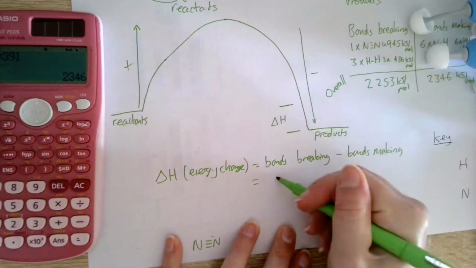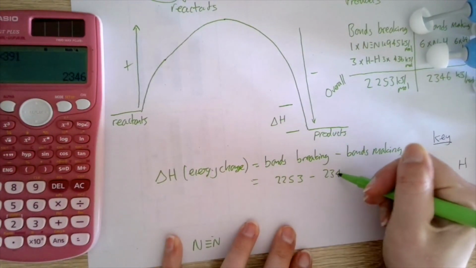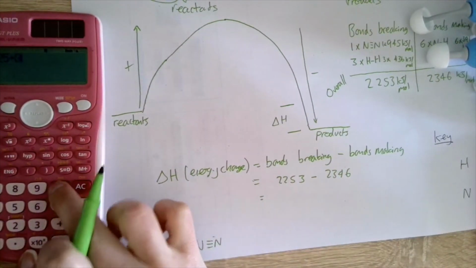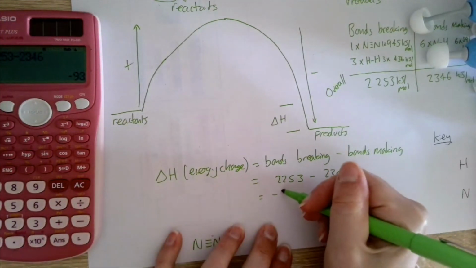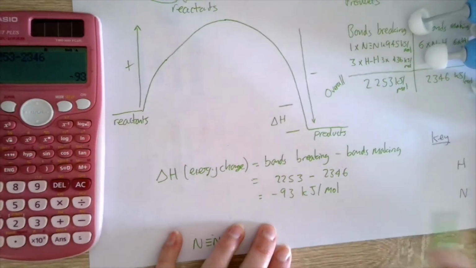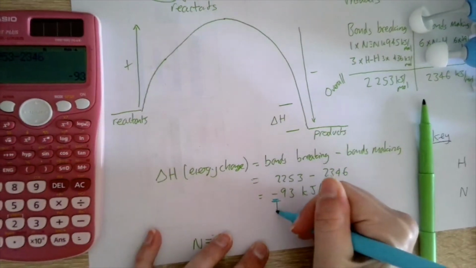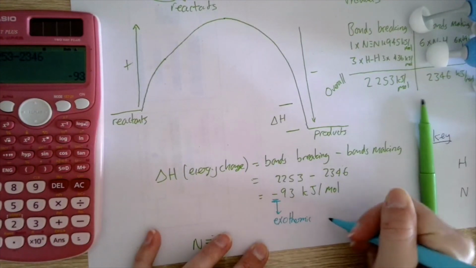So that's going to be 2253 minus 2346, which is minus 93 kilojoules per mole. Again, remember it's really important to include this negative sign, as this is what tells us that it's an exothermic reaction.